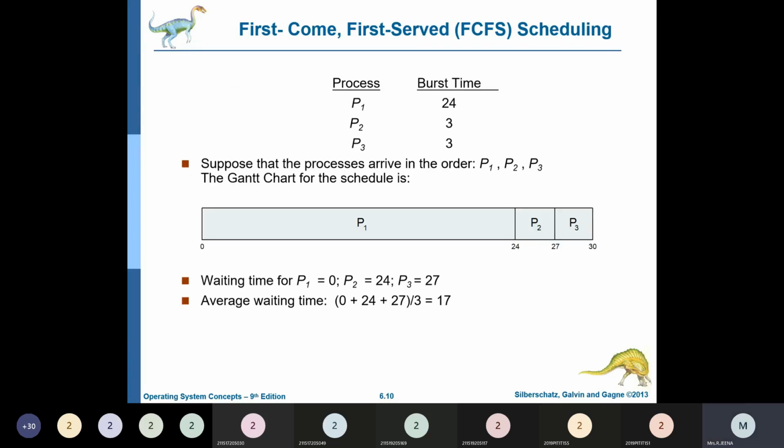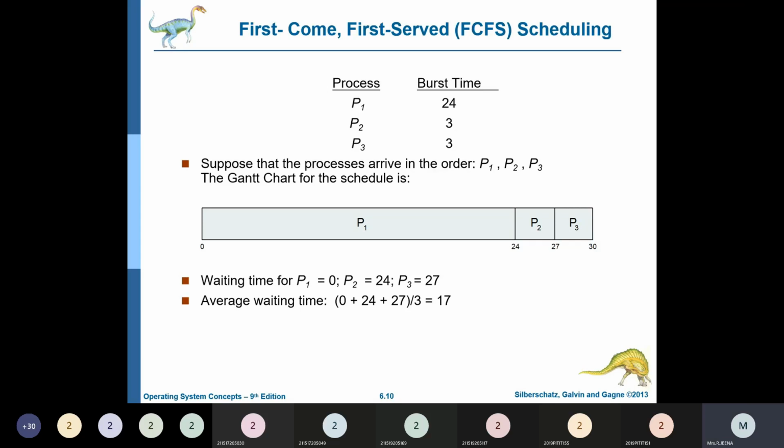So, first come first serve. As the name tells, we go by the arrival order, and no preemption occurs. Nothing will interfere; it is just put in the ready queue. Whatever the arrival order is, the process has to come, complete its process, and go. What is the major drawback in this?